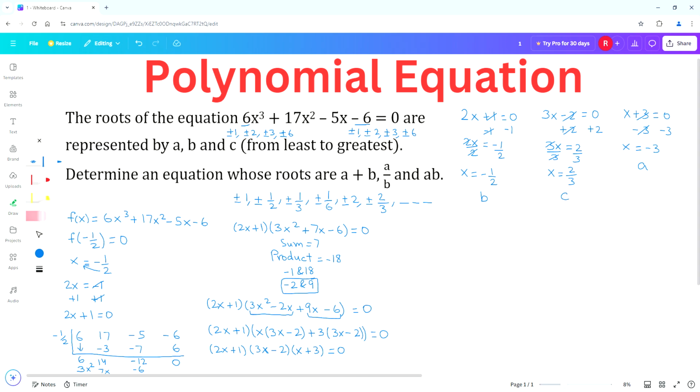Now we have to determine an equation whose roots are a plus b, a over b and ab. So we should find the three roots for the equation. Let's start with a plus b.